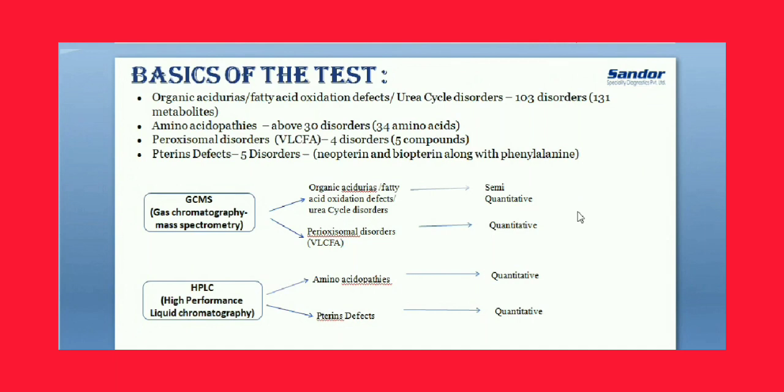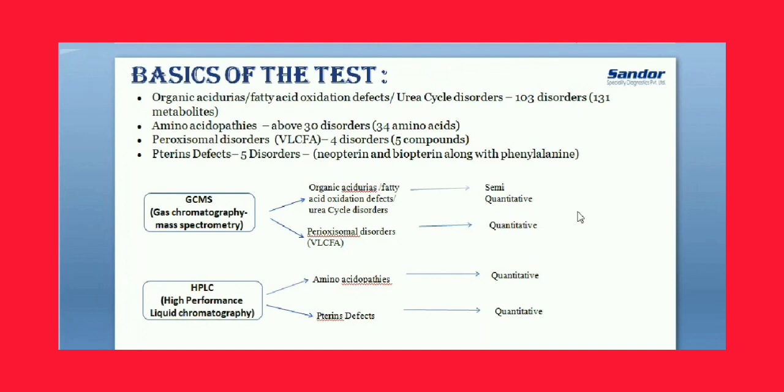You will see this in the urine organic acid report, where we are giving fold elevations. We have a cutoff, and we say that with this cutoff, this is elevated this many folds. We are not giving the particular amount.